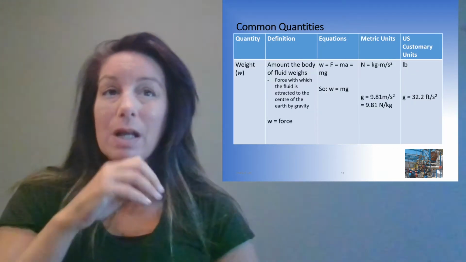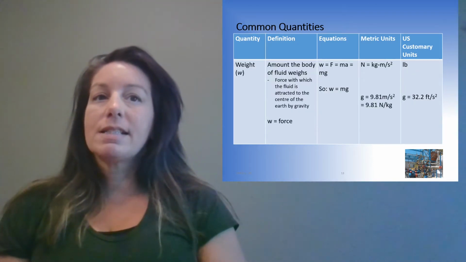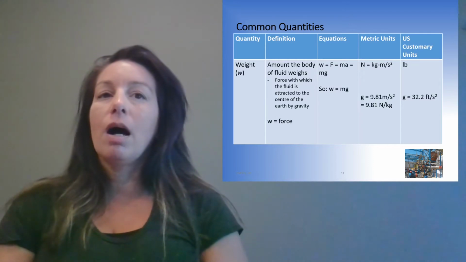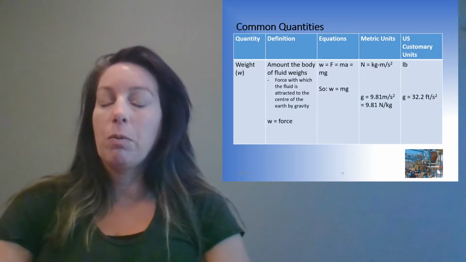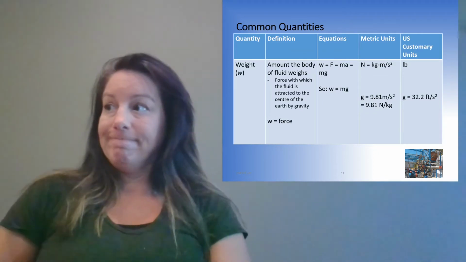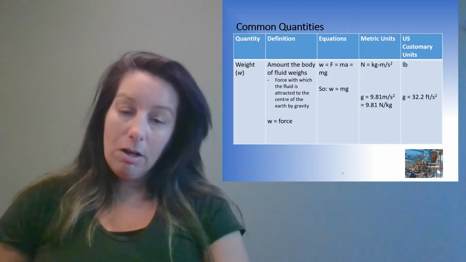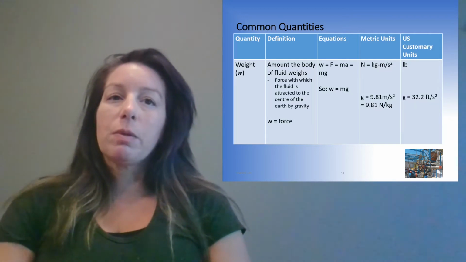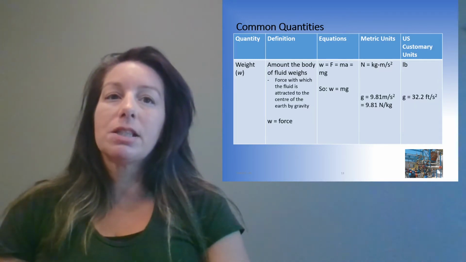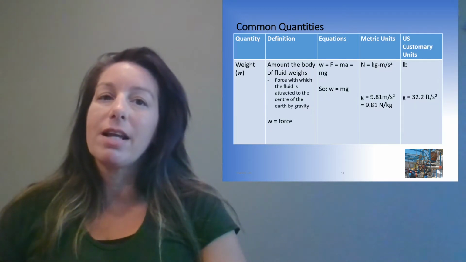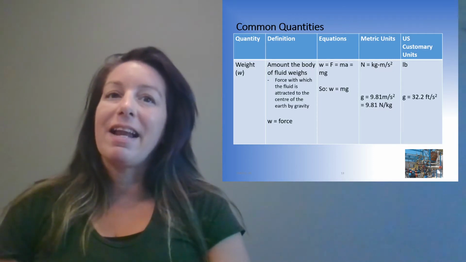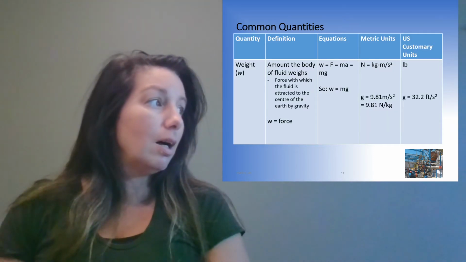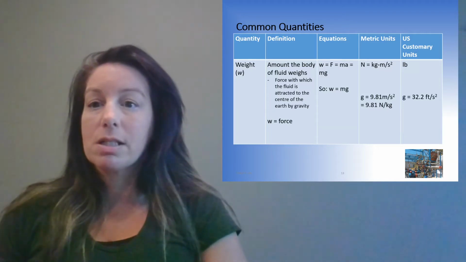Okay, so weight, it's the amount the body of fluid weighs, depending on if it's in a container or how much it is. So it's the force with which the fluid is attracted by the center of gravity. So like anything, it's the pull towards the earth.